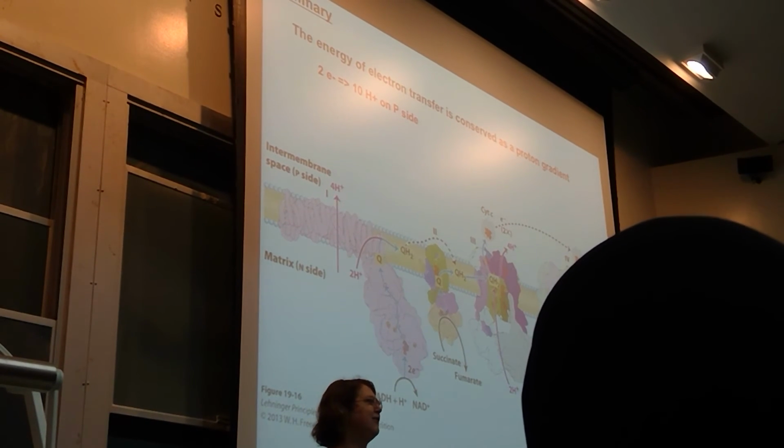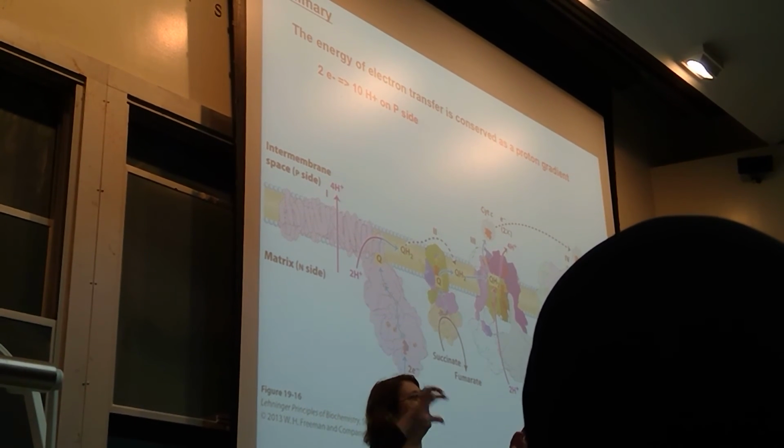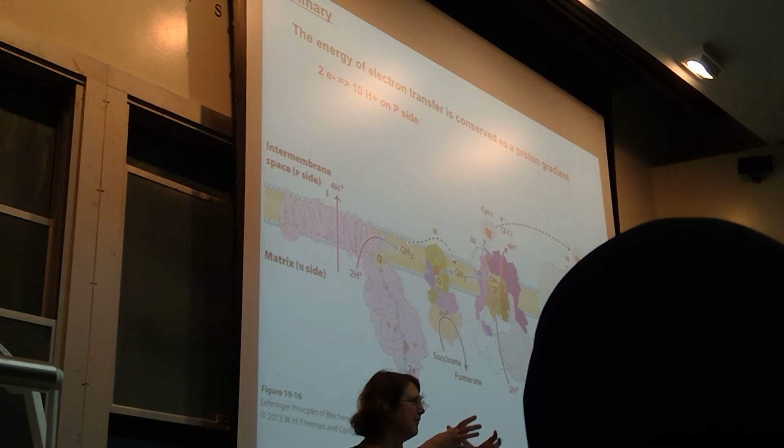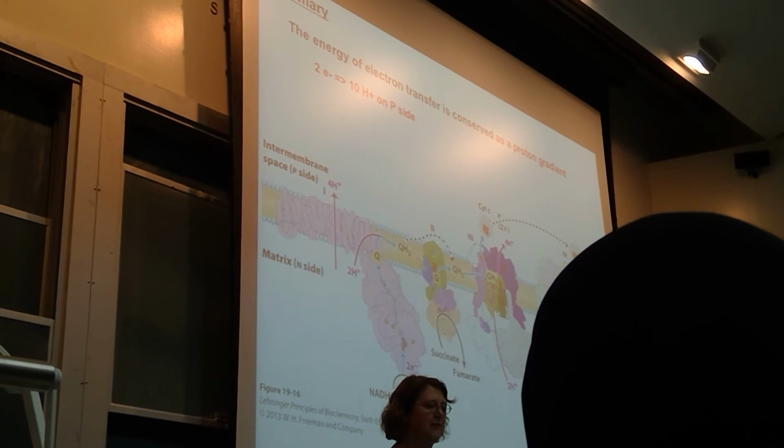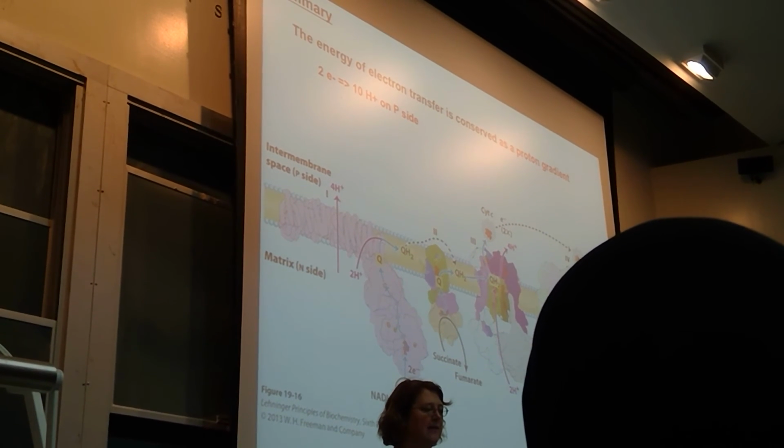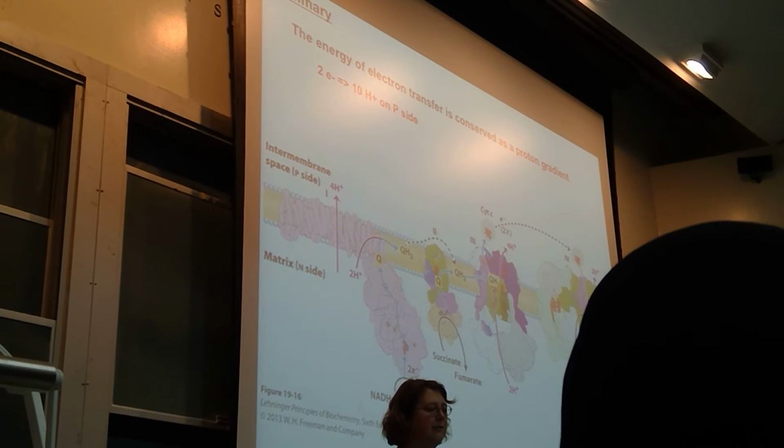We're artificially showing it as linear, but really they're all more closely next to each other, but still, this is able to freely associate with the next complex, which is the whole point here. So once you have that association, you're carrying those electrons from cytochrome C to then finally be passed on to oxygen, and then oxygen accepts the electrons to form water.